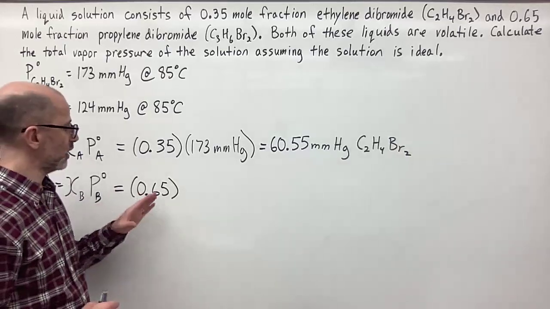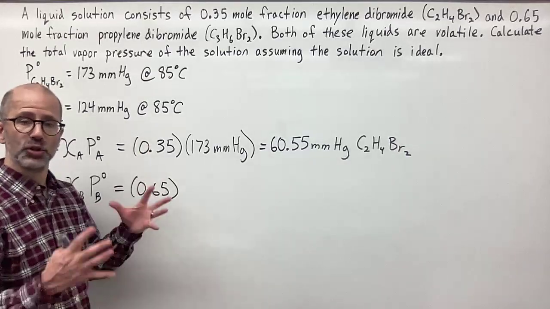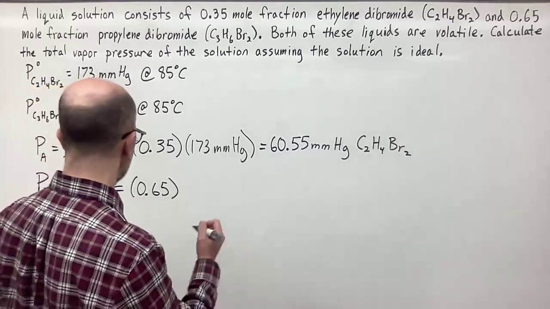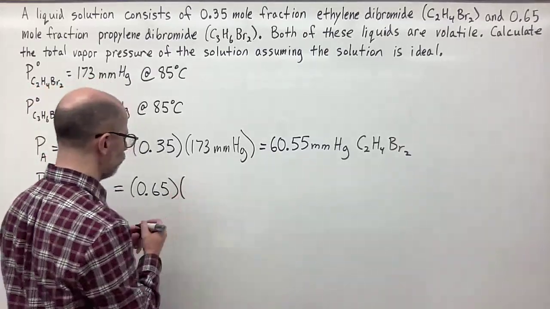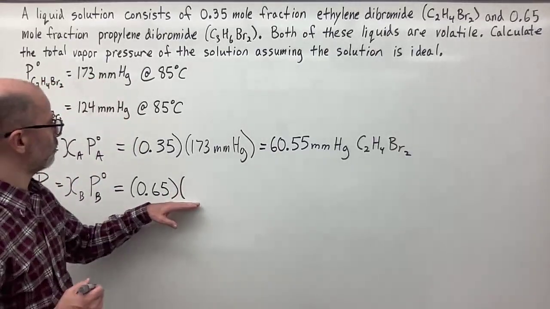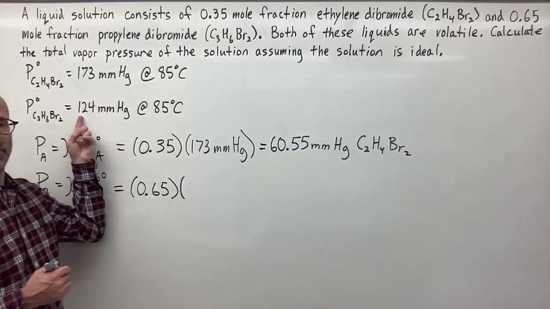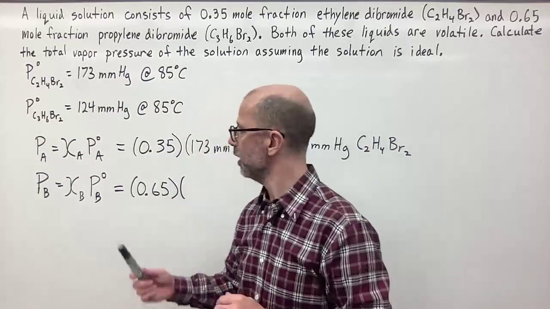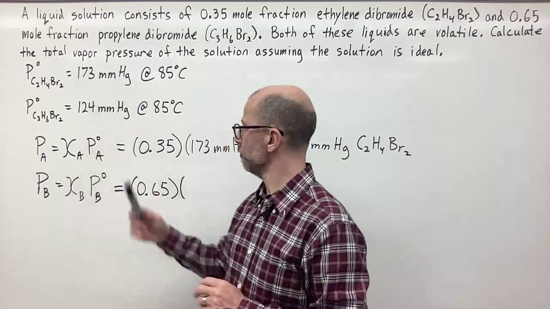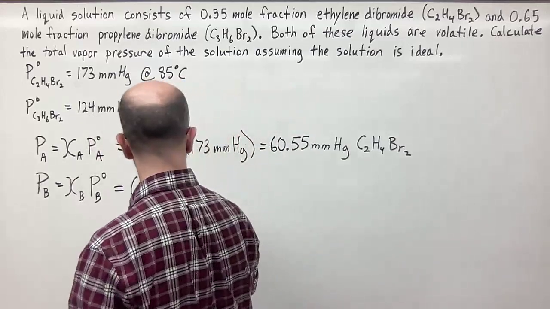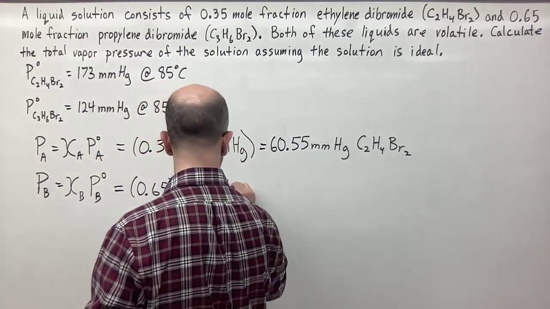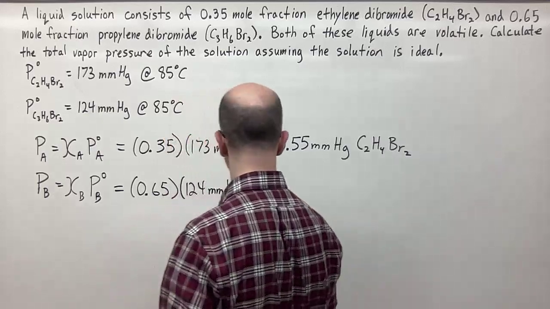So basically, these two alone make up the total. So we're going to take this mole fraction of our propylene dibromide and multiply by the vapor pressure of the pure propylene dibromide, which is 124 millimeters of mercury.